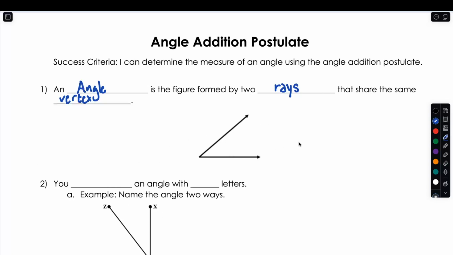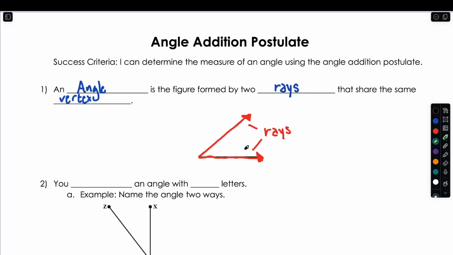When we talk about a ray, it starts from one point and it extends infinitely in one direction. So here's one example of a ray. So we go find another one, starting from a point, extending infinitely in one direction. These are what we call rays.